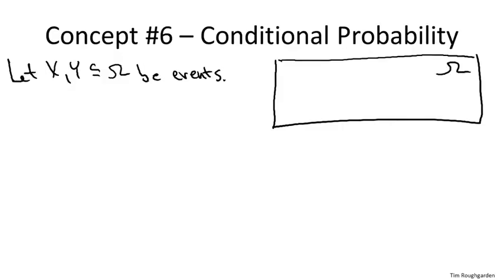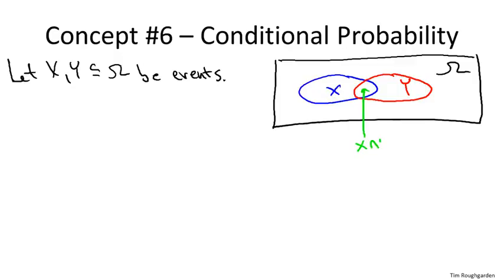So that's some stuff. Might or might not happen, who knows. And then the other event y is some other stuff, which might or might not happen. And in general, these two events could be disjoint, that is, they could have no intersection, or they might have a non-trivial intersection, x intersect y. Similarly, they need not cover all of omega. It's possible that nothing in x nor y happens.